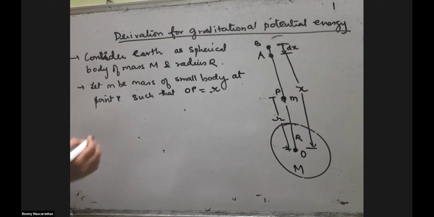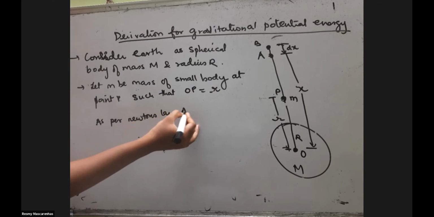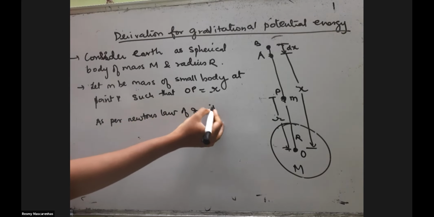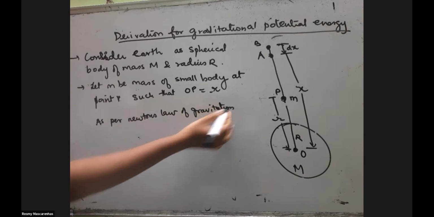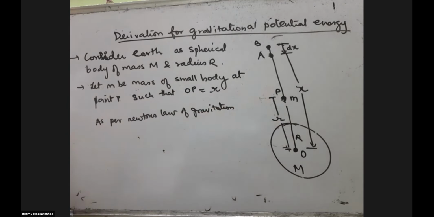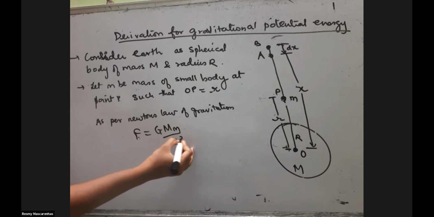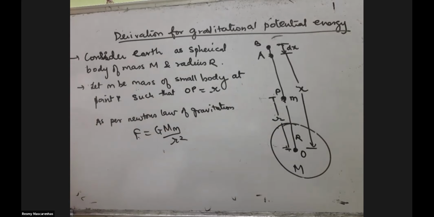Now, as per Newton's law of gravitation, we know that definitely there is a force acting between these two bodies, the Earth and the small body, that is given by G M m upon R square, the distance between them, because m1, m2.